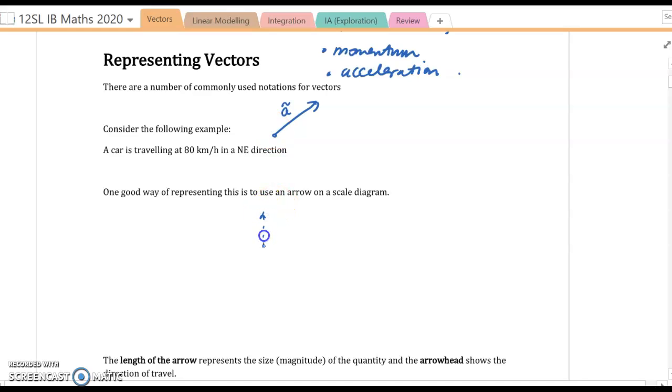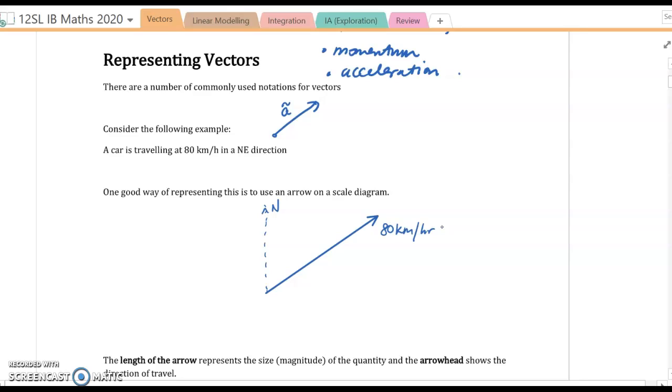So if I draw in my north and then I put in an arrow, please use a ruler. So I've drawn in my arrow using the tools here. I'll just put my north back in. That is going to be my 80 kilometers per hour vector.